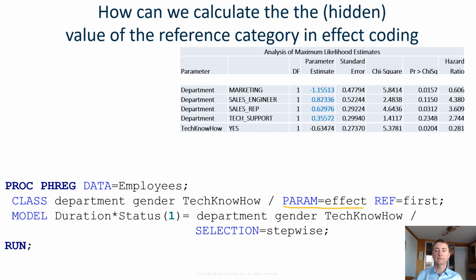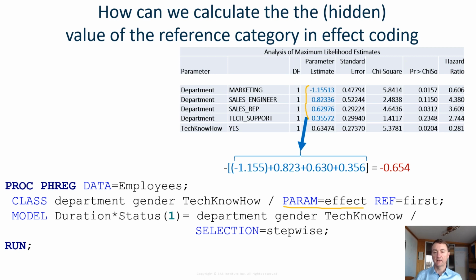We just sum up these values, change the sign of the calculation, and we receive -6.45. So it's very easy to calculate this missing or hidden coefficient for the reference category just by adding up the other coefficients of the categories and changing the sign.